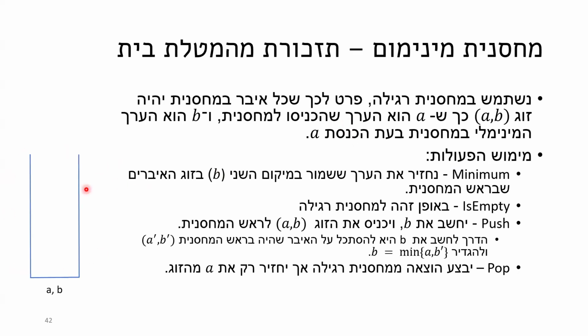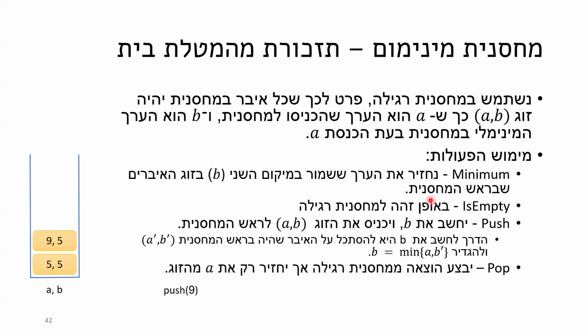Some people did this with 2 stacks. Here I'm just doing it with a pair instead of 2 stacks. Okay, so the solution is let's use a regular stack, except that every element that we insert is going to be a pair A, B, such that A is the actual element that we want to insert, and B is the minimum up until the point where we insert A. So let's just see an example.